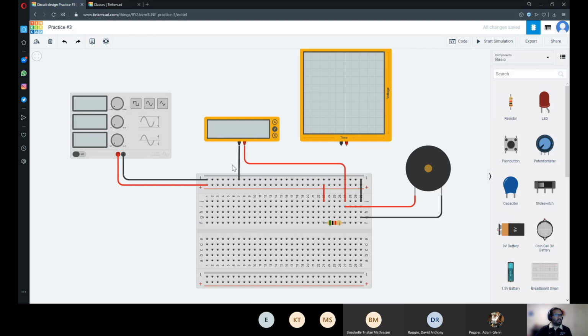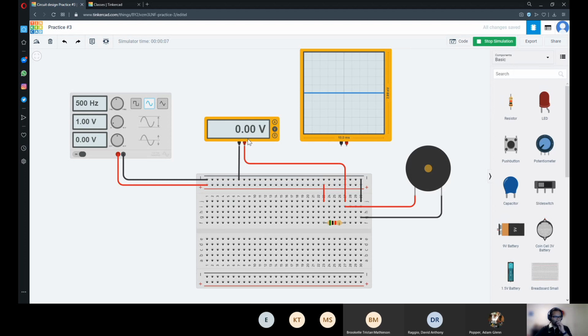So what I want you to see is, as I mentioned before, we have the multimeter. With the multimeter, we can look at the voltage. So right now, the multimeter is connected to the speaker. So you will say, oh, I can look at the voltage. Right now, it's not very useful because it's telling me the voltage is 0.